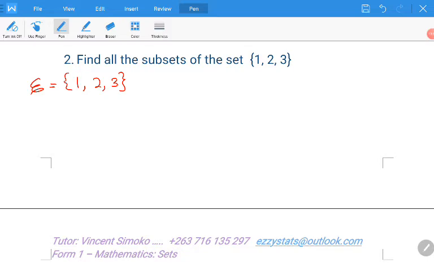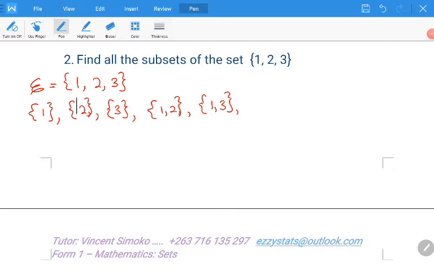So the subsets of this set, we have the singletons, so we have 3 singletons, and as well we have sets which contain 2 elements, which are 1 and 2. We have 1 and 3, and we have 2 and 3.